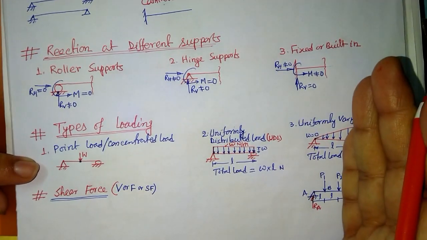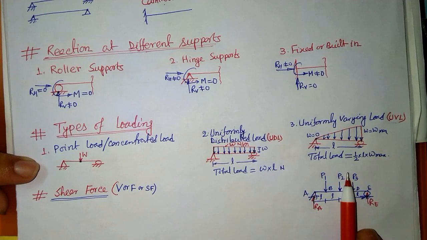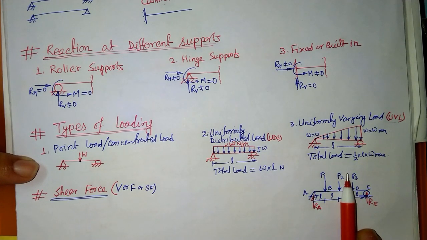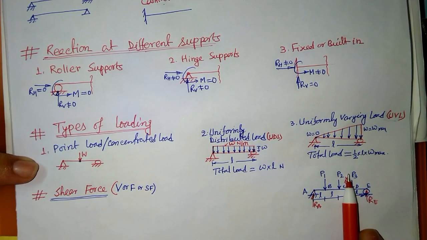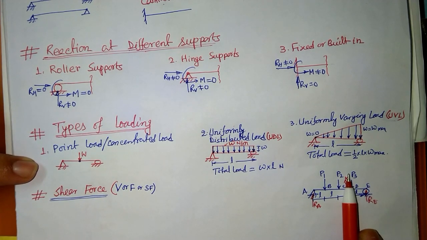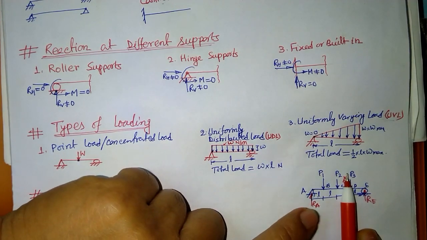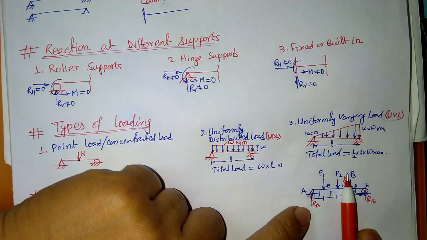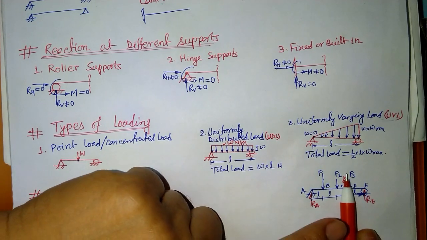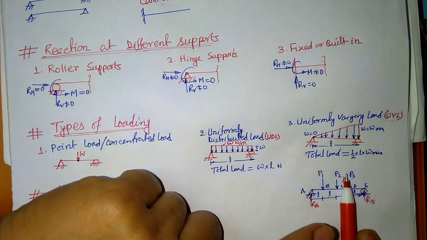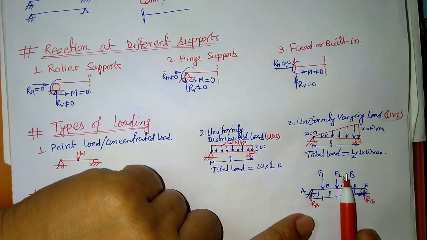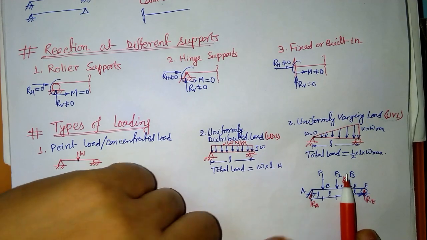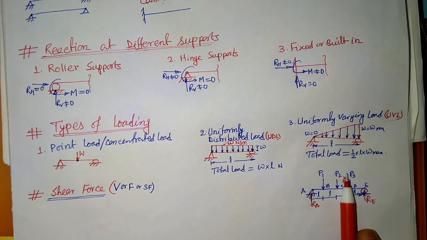At this section the shear force will be the algebraic sum of the vertical forces, including reaction, keep in mind, on either one side of the section, meaning either the left side or right side. If we make the algebraic summation of vertical forces, then that is known as shear force.